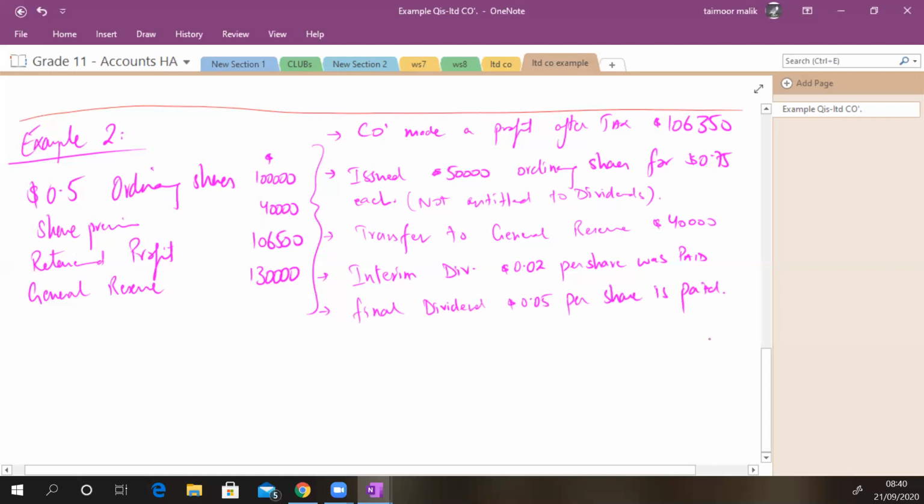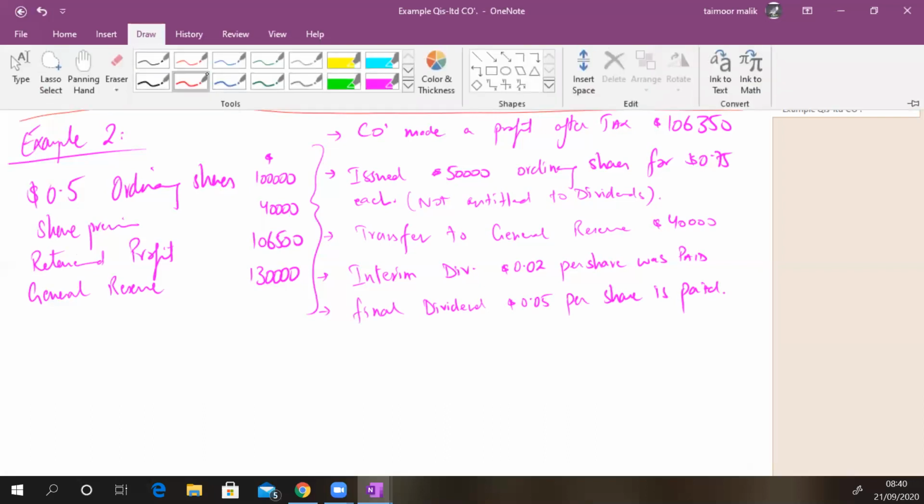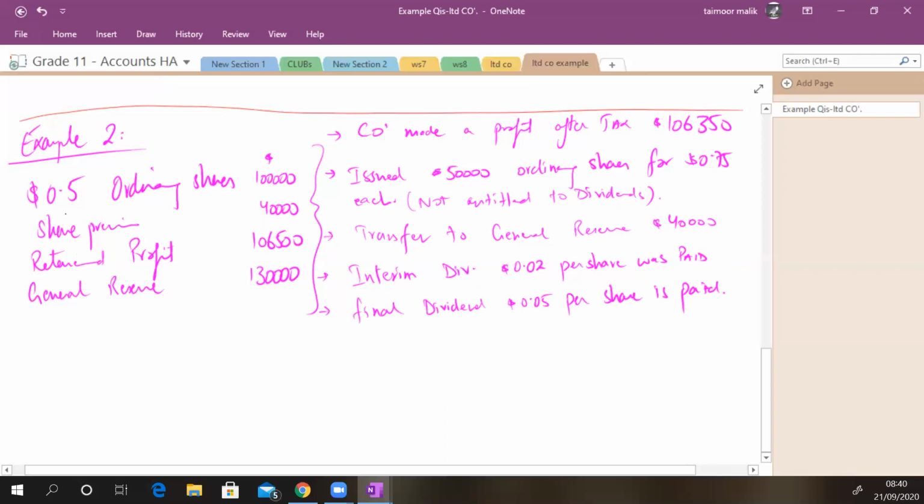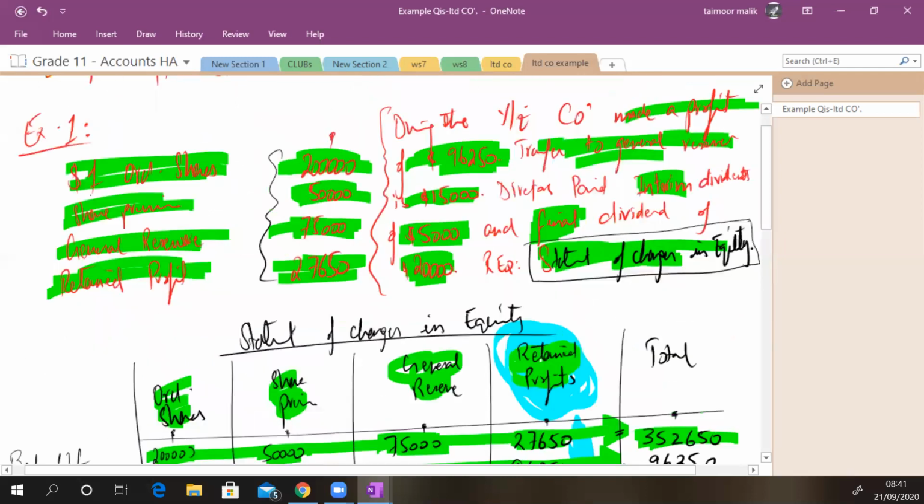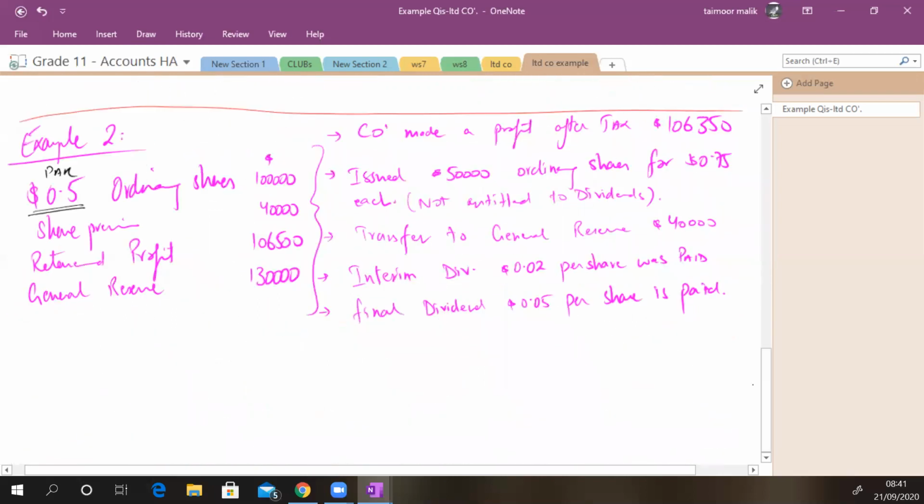ठीक है? Okay. Now, the thing which is important over here, look at the par value per share, 0.5 per share. Okay. So now, based on that, can you calculate the number of shares this company has?